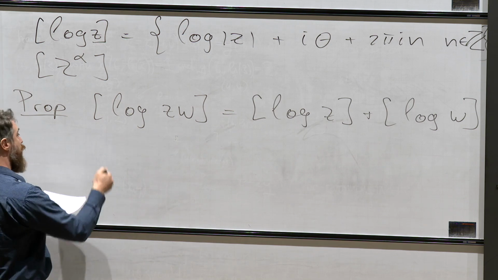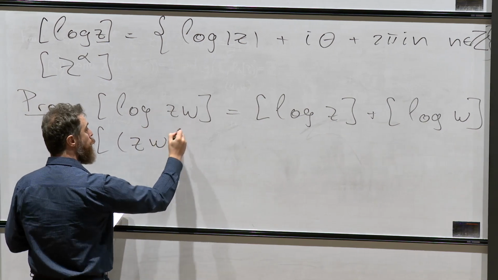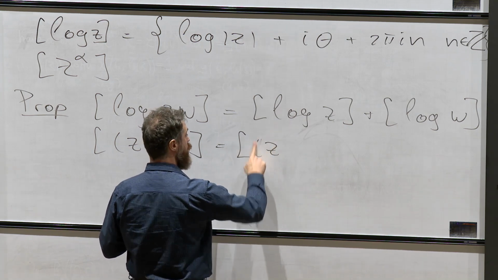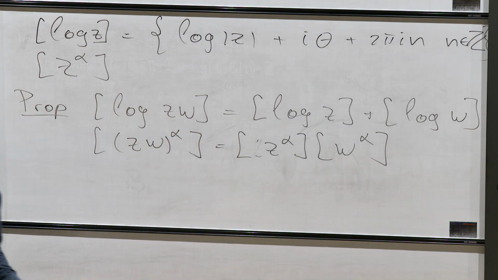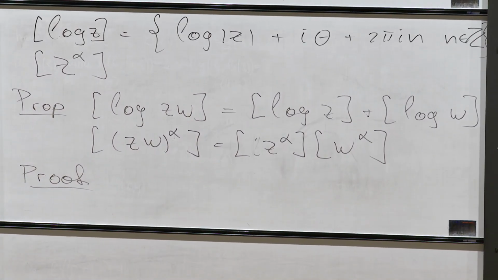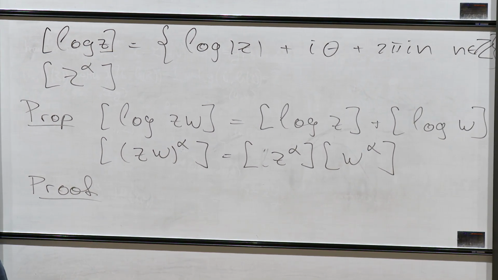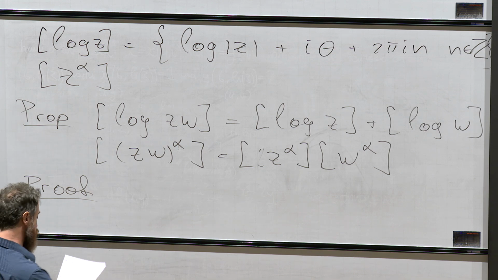And correspondingly, we have that power of a product is product of powers. Let me just write proof of the first one. And the other one can be either proved in exactly the same way, or we can use the relation between log and powers. So it doesn't really matter.